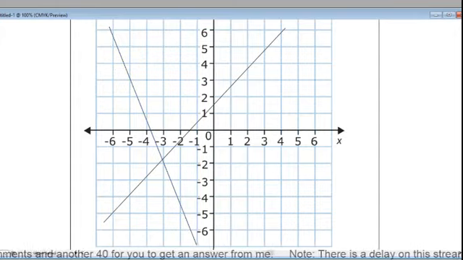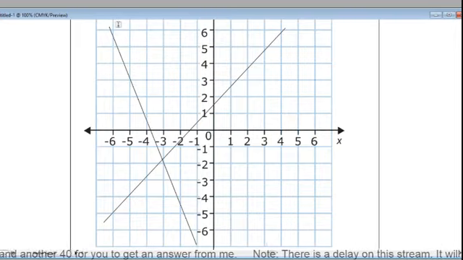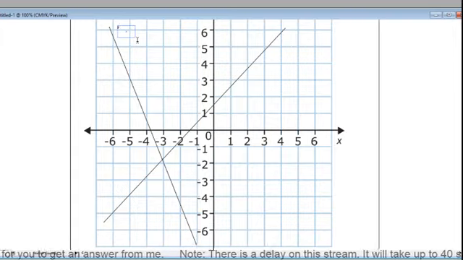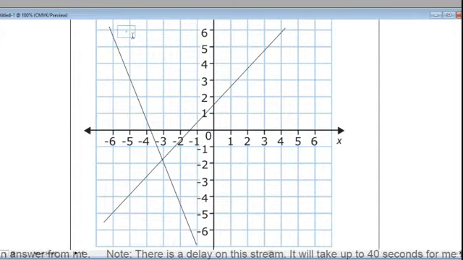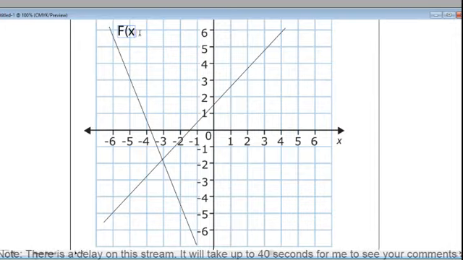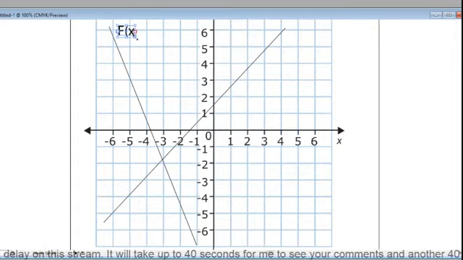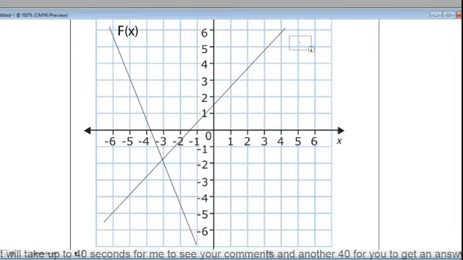Okay? So I'm going to go ahead and label these F and G. Let's say this one is F of x, and this one here is G of x.